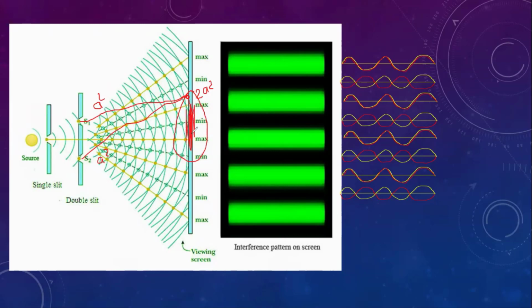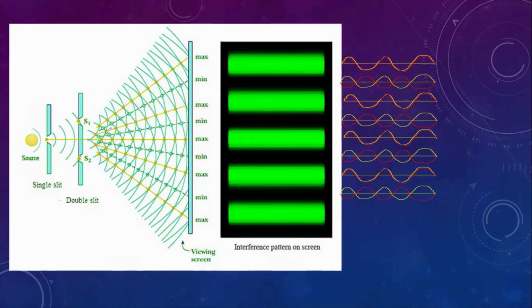That means the two intensities get added up. So at every point you take on the wall, the intensity is always equivalent to 2a square. Equal intensity will be there. This is what we can practically observe.